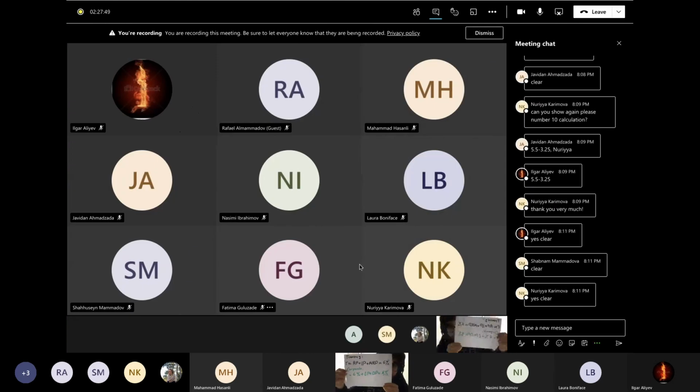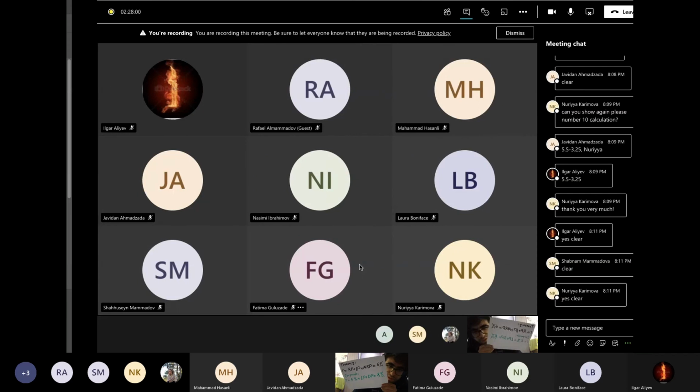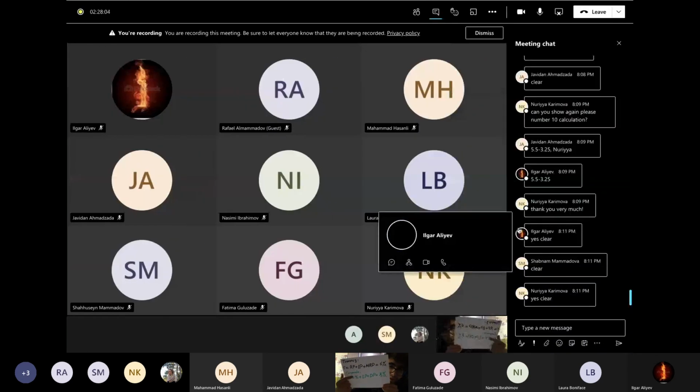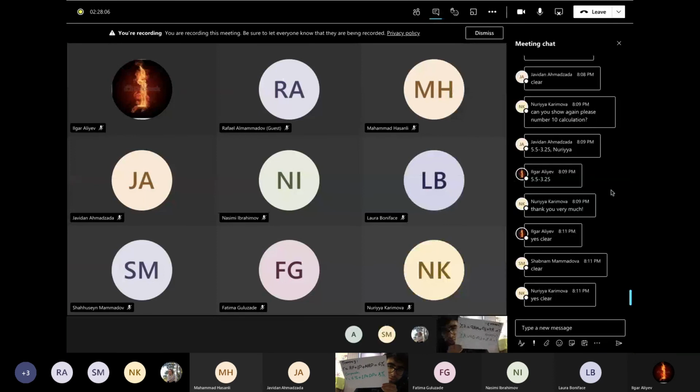Look at here. Treasury bonds yield is equal to risk-free rate plus inflation premium plus maturity premium, and is equal to 6%. In the question it is given. For corporate bond, it includes all of them. Risk-free rate plus inflation premium plus maturity plus liquidity plus the default.